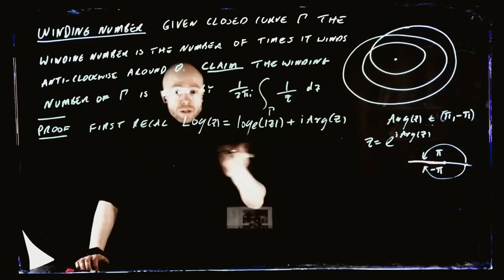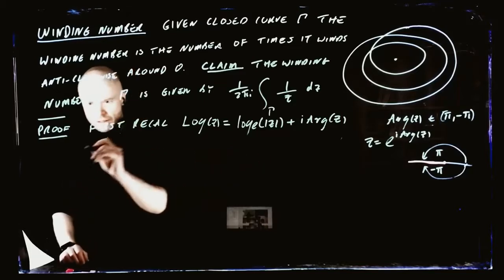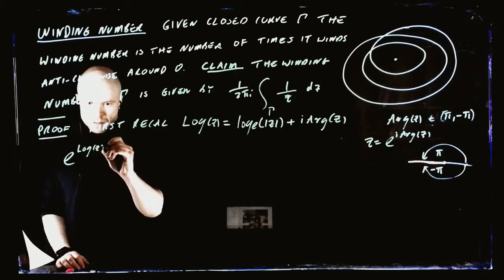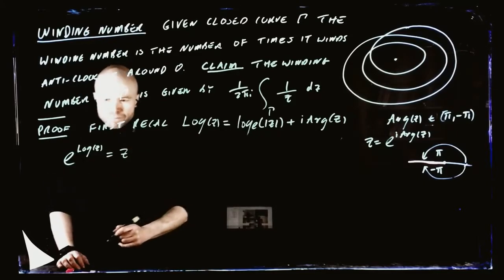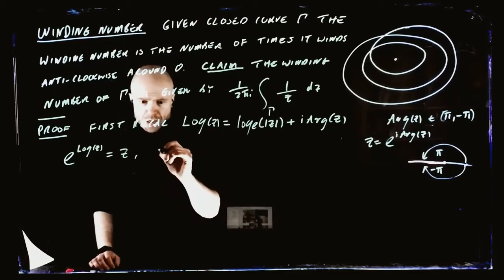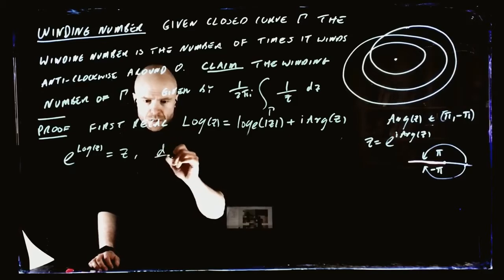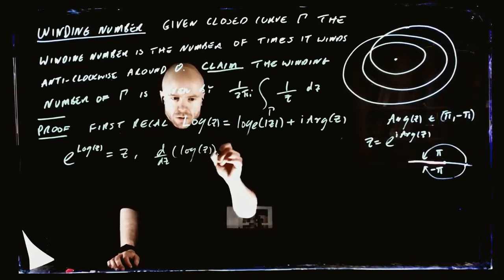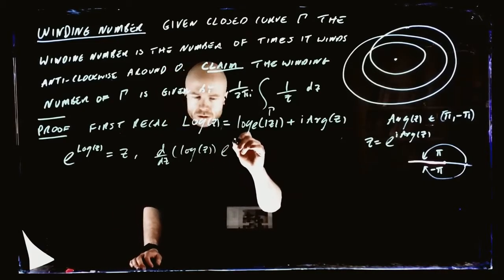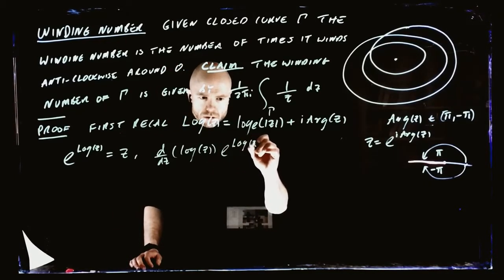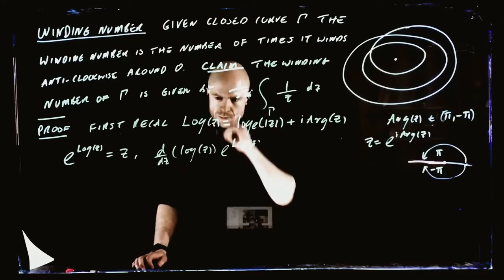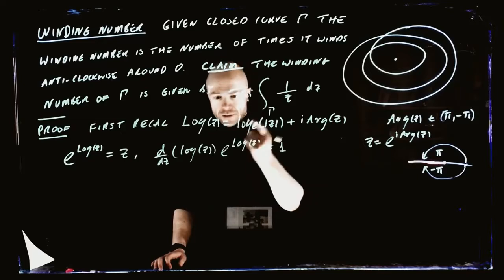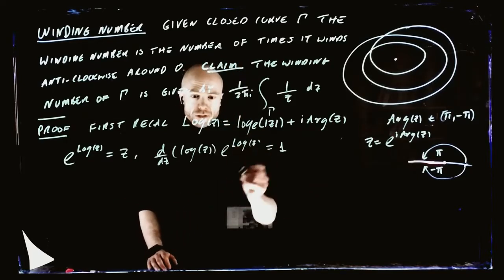So log is the inverse of e to the z. So you have e to the log of z equals z, right? So then if we differentiate it, we have d by dz of e to the log of z is just equal to 1, and e to the log of z is just z itself, right?